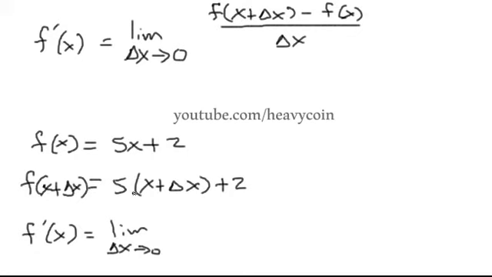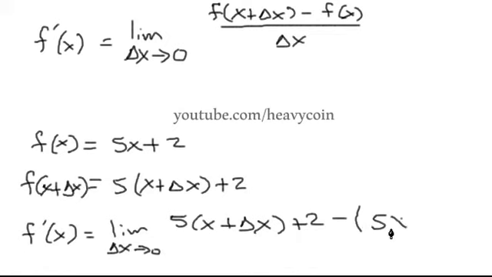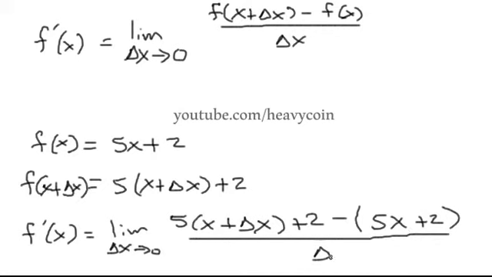Now, I'm going to take this whole piece, so 5 times x plus delta x plus 2 minus our f of x. Now I'm going to start a parentheses here because of this minus sign, alright? So the f of x is just 5x plus 2. And that is all over delta x.